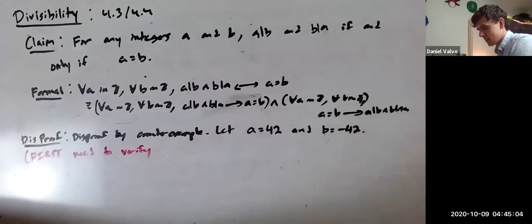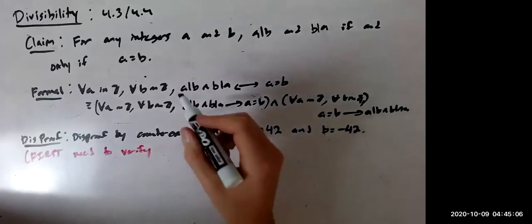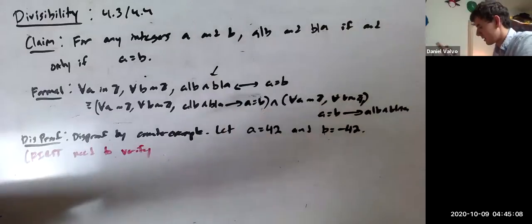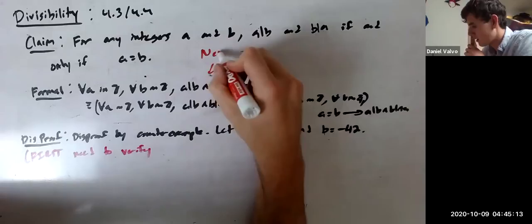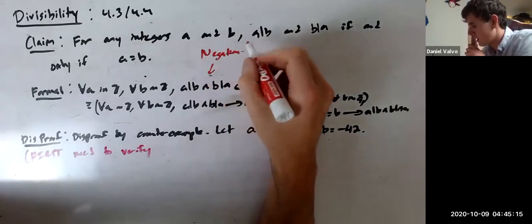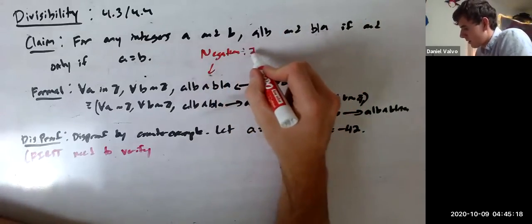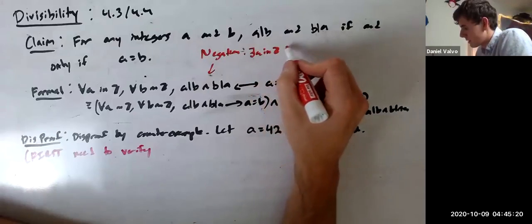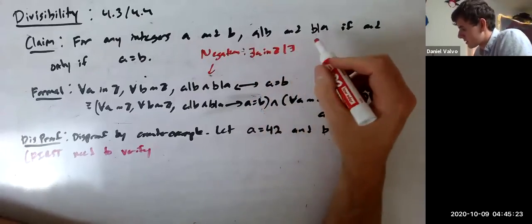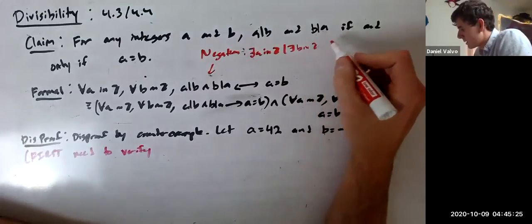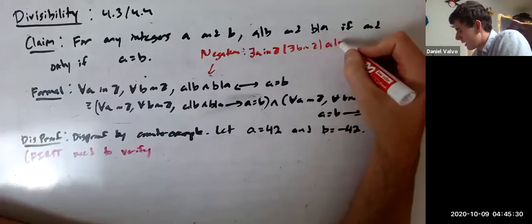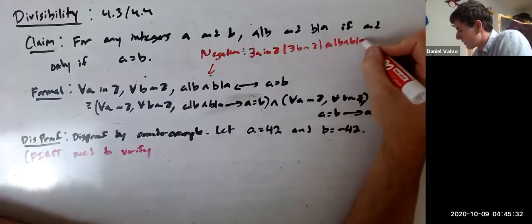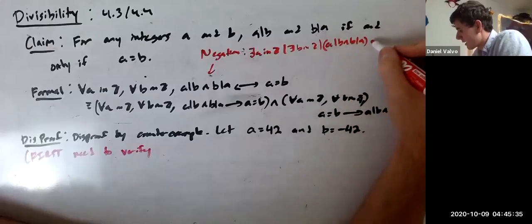And so in our case, the negation is that there exists an A in Z and there exists a B in Z such that A divides B and B divides A, and A is unequal B.